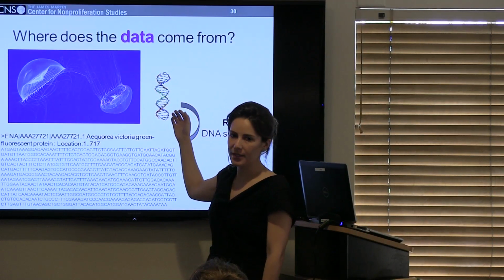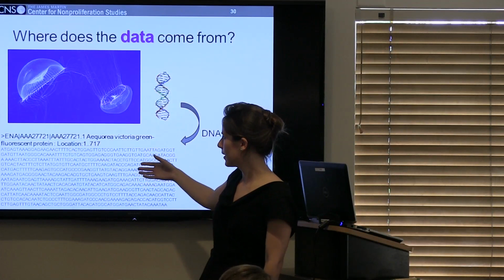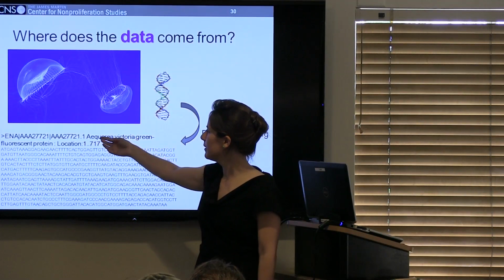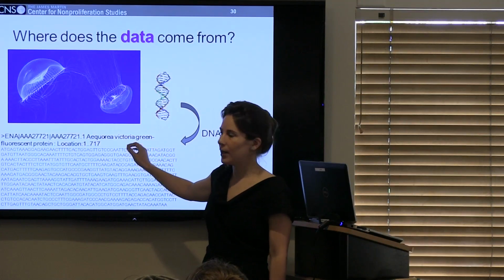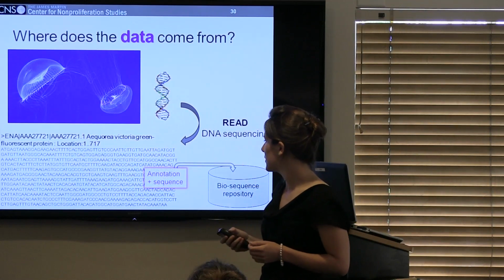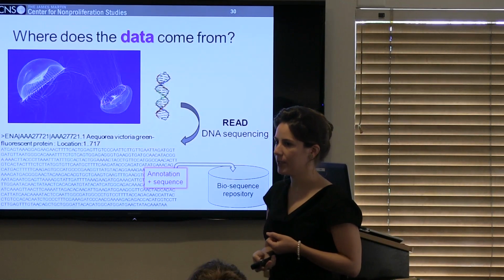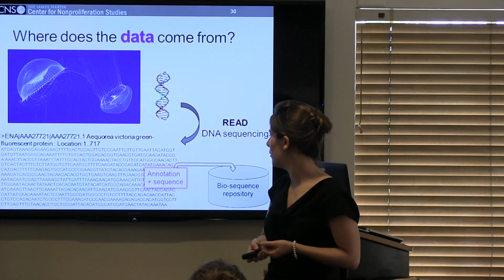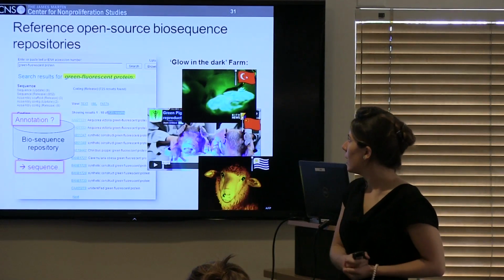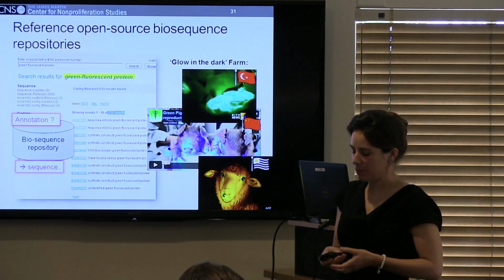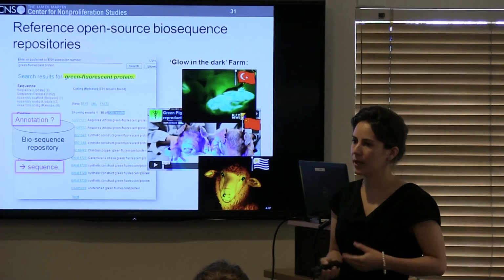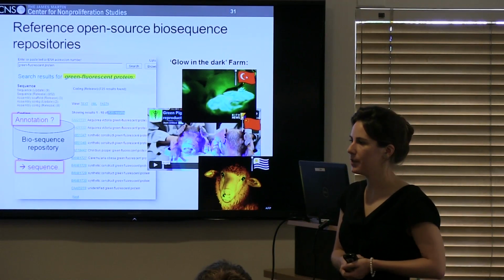Once they sequenced it and got the DNA sequence, they put information next to it. Basically, this is the name of the organism, and they say that it's a green fluorescent protein. They have an annotation and a sequence, and they upload that to a biosequence repository. I say it's open source because everyone contributes. Now, scientists all around the world are able to reuse this information.